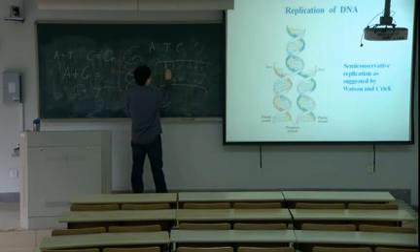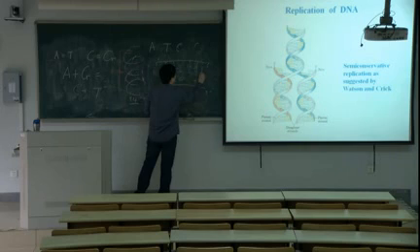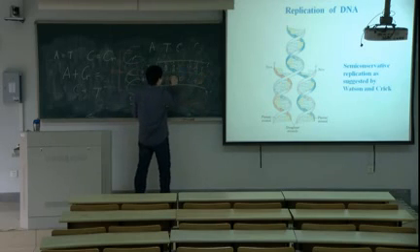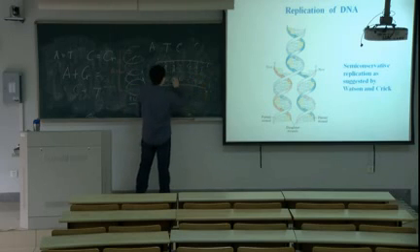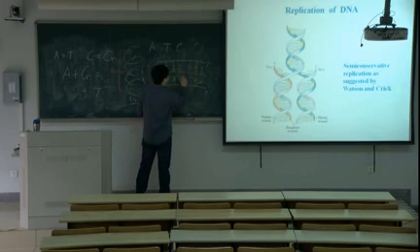The new strand, by base pairing, can make T, A, G, C, T, A. And you can have a new strand here, which should also go anti-parallel. So this is 5', this is 3'. You have A, T, C, G, A, T.